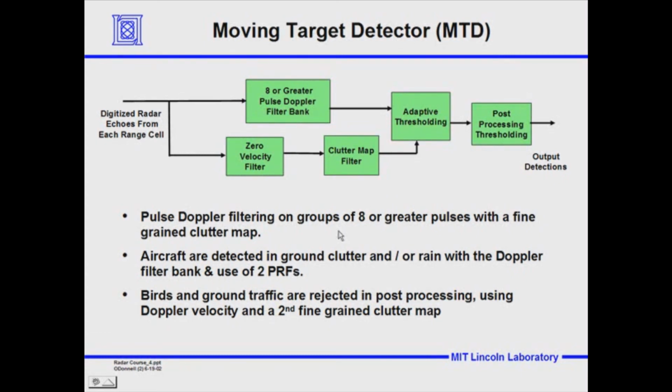The radial velocity of the ambiguous targets would move around in the Doppler filter bank and give the targets a chance to compete with noise, even though it was raining in at least one of those 2 PRFs.